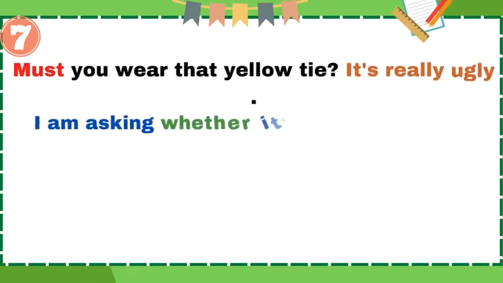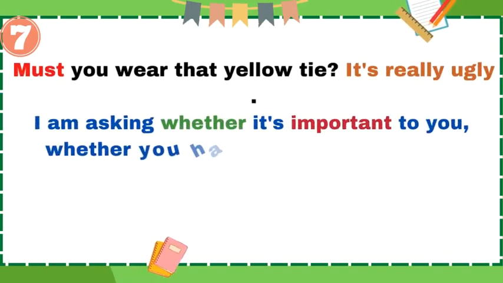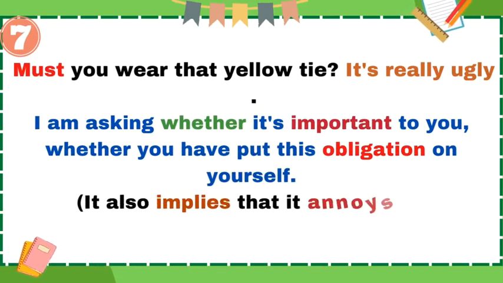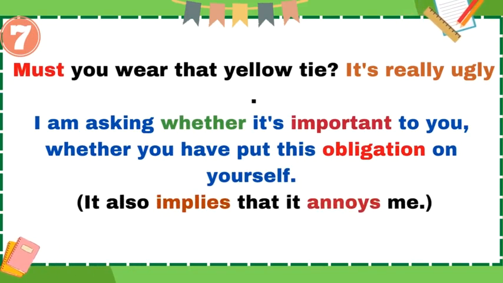7. Must in a question. Must you wear that yellow tie? It's really ugly. Here, I am asking whether it's important to you, whether you have put this obligation on yourself.